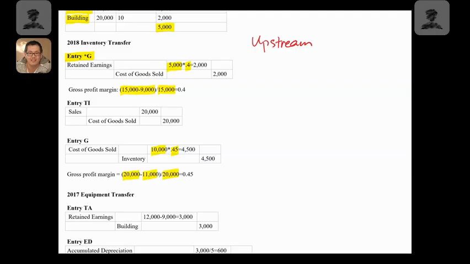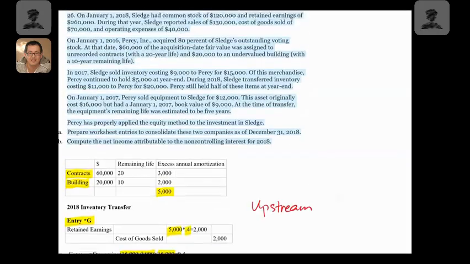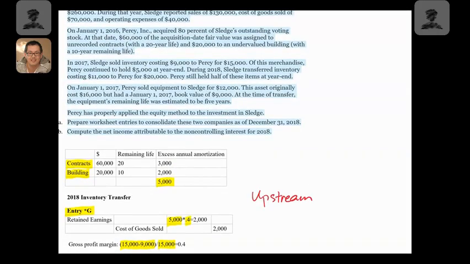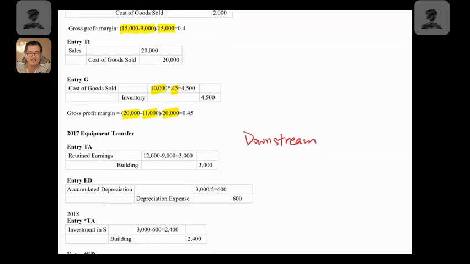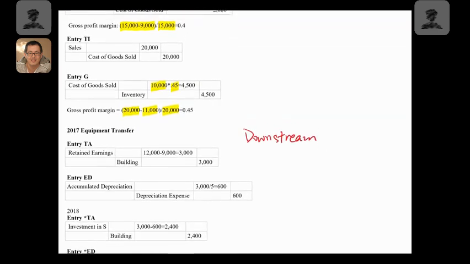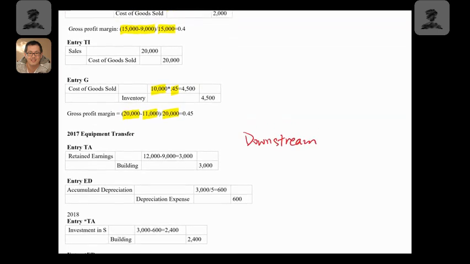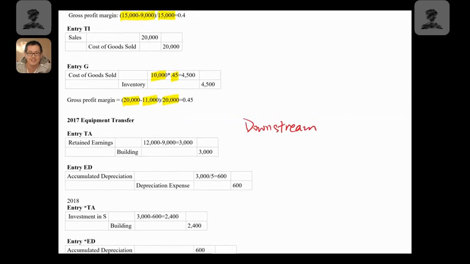Next we have the equipment transfers. The equipment is sold from the parent to the subsidiary, which means this is a downstream transfer. Let's still prepare the consolidation entries for 2017, which will be helpful for us to prepare entries for 2018.